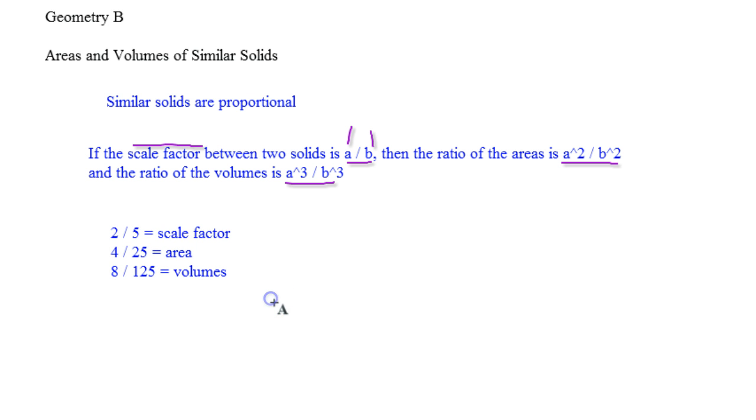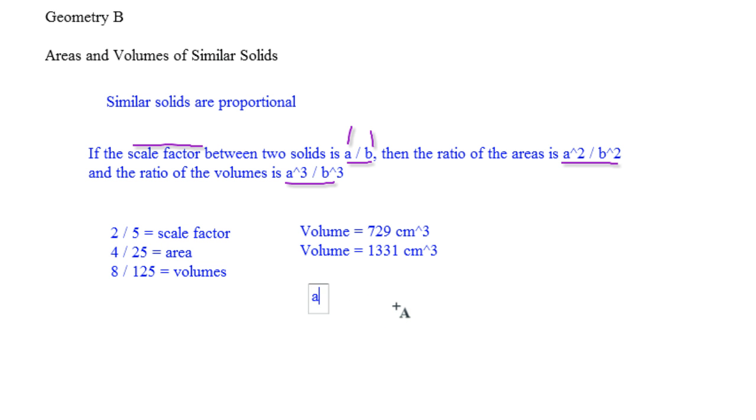All right. So for example, you can actually go backwards with that too. If I know the volume of one shape is, let's say, 729 cubic centimeters, and the volume of another shape is equal to 1331 centimeters cubed, what I would have to do is set it up.